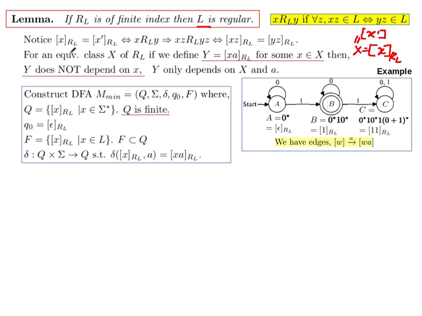So that means we require this property that if the equivalence classes of x and x prime are equal, then the equivalence classes of xa and x prime a should also be equal, and that is true because of the right invariance of RL.